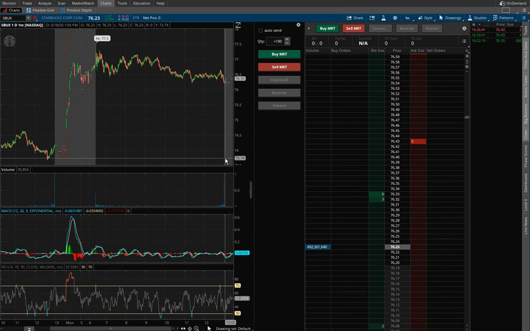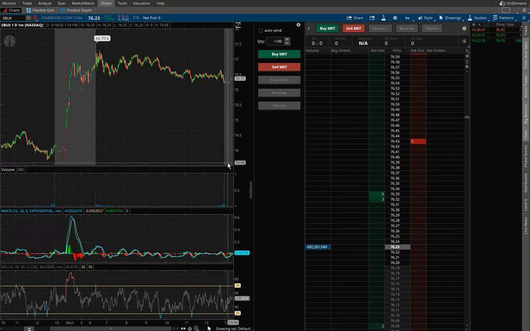The negative thing about the stop limit is that it doesn't trigger automatically the next day at opening bell or whenever the regular trading hours start.